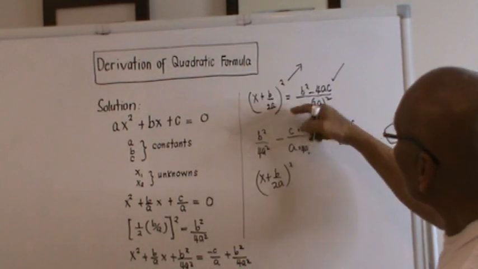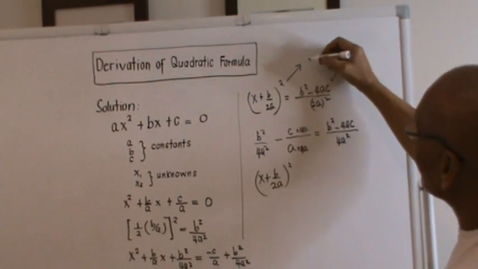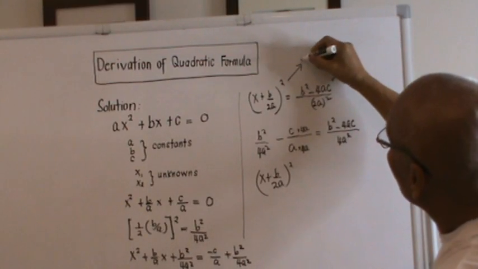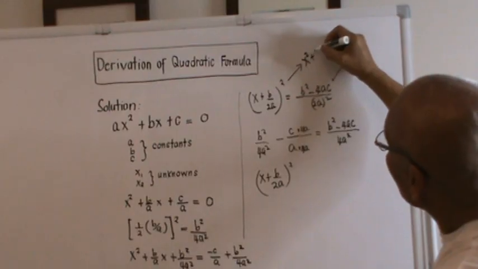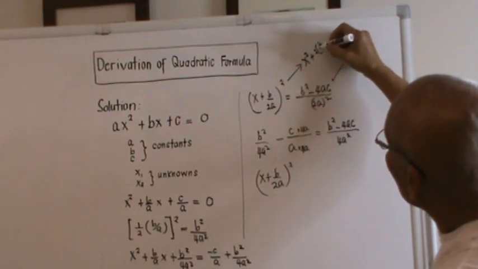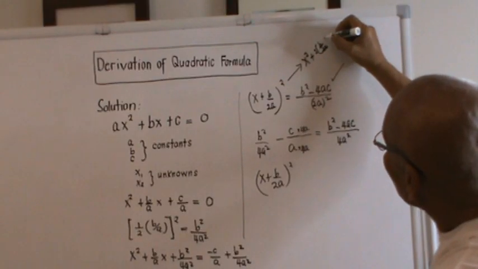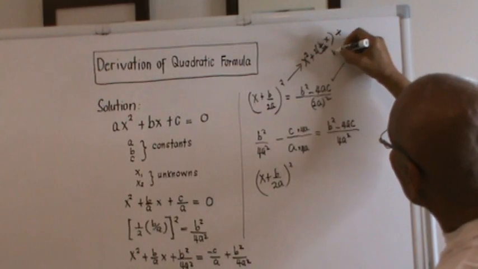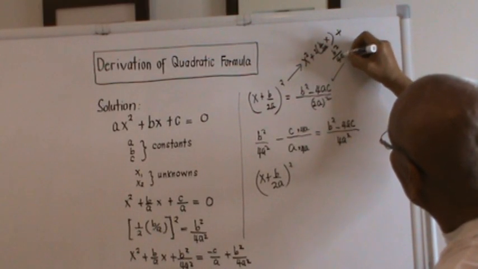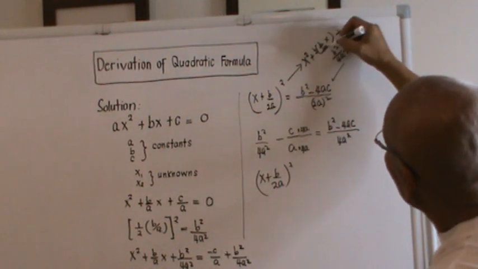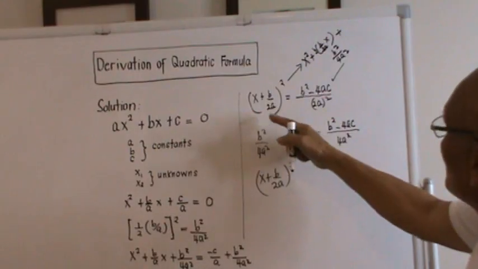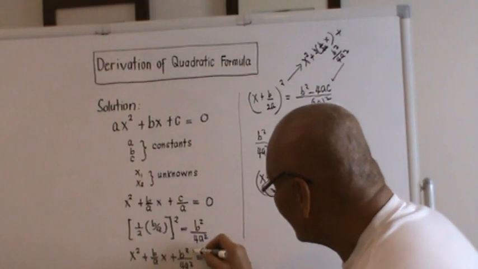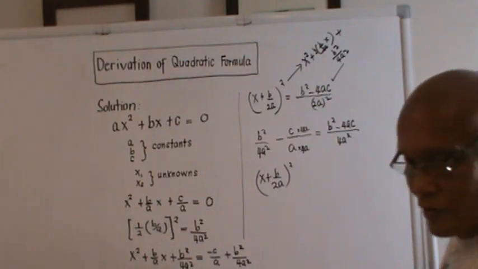If we expand this one, it will be x squared plus 2 times b over 2a multiplied by x plus the square of the last one, which is b squared over 4a squared. So these two here cancel with this. So if we expand this one, this is the equivalent. Could you see it, guys?